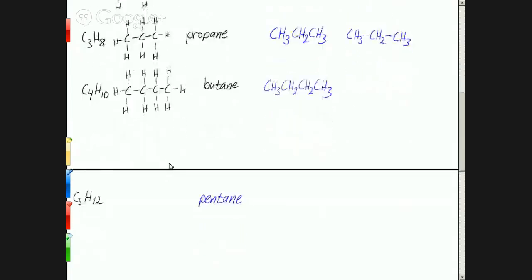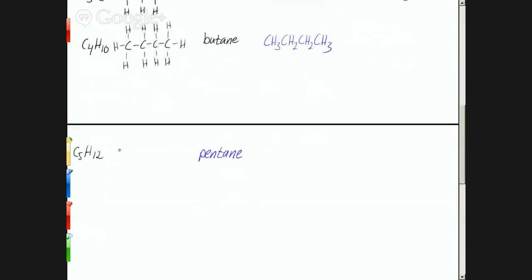All right, so now we draw the structure. Now there are 3 different ways to draw this one, but I'll draw the most obvious one, which is just putting them all in a line. And now you can see it's really starting to get tedious to draw all the hydrogens in.